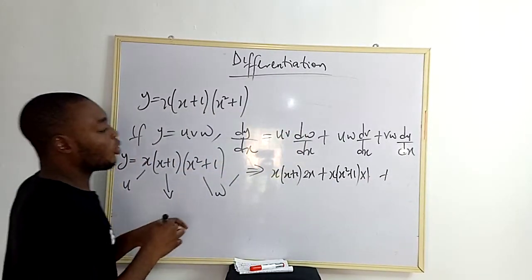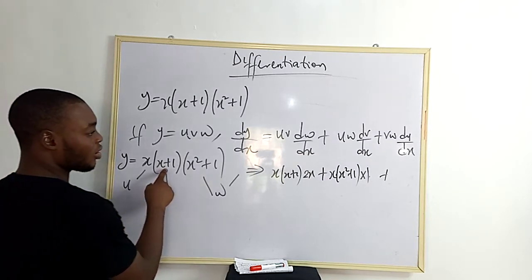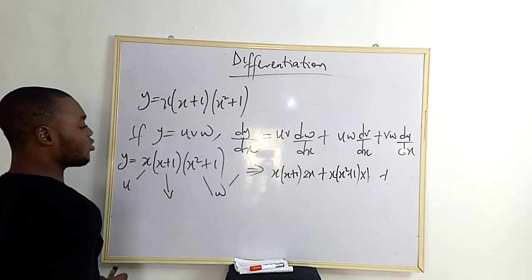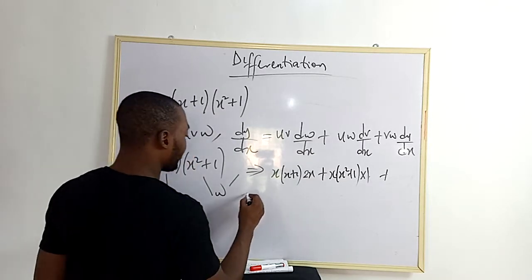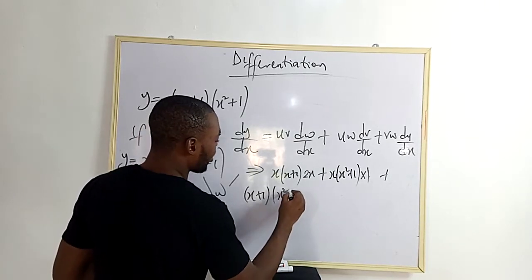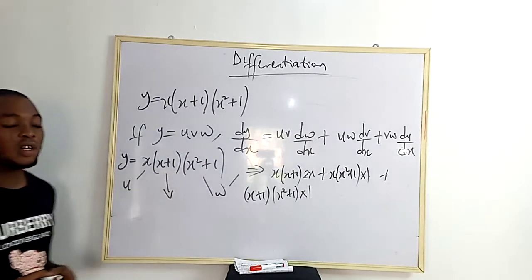So then we have plus vw. So where is our v? x plus 1. Where is our w? x squared plus 1. So then you differentiate the u, du/dx. So vw, x plus 1 into bracket x squared plus 1, du/dx. You differentiate x. The derivative of x is what? 1.